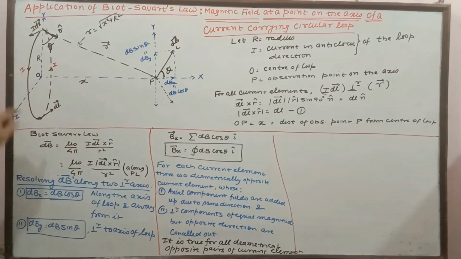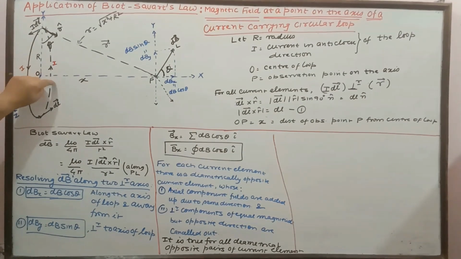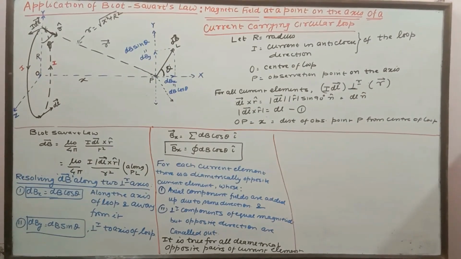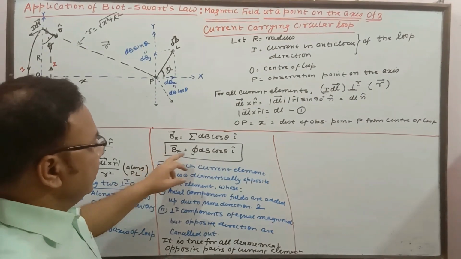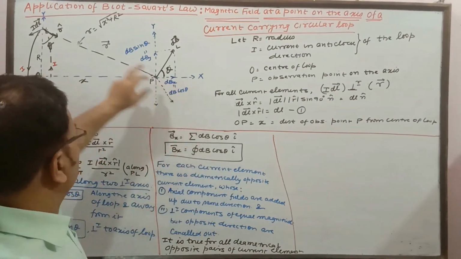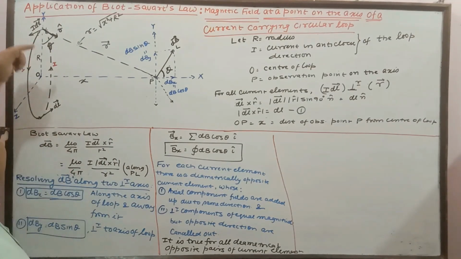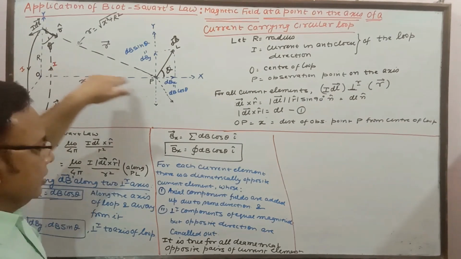So it is not only true for these two diametrically opposite current elements, but it is true for all such pairs. So finally, only x components are added up for all the current elements and y components are reduced to 0 due to the symmetrical arrangement of the loop around this axis.